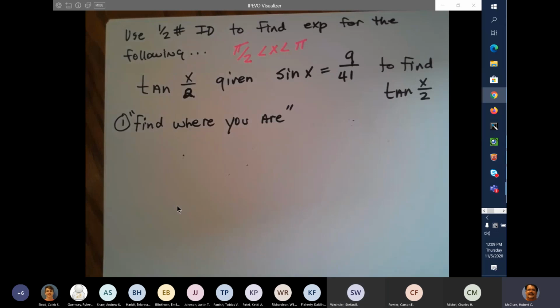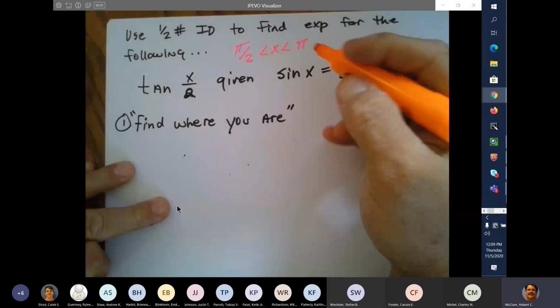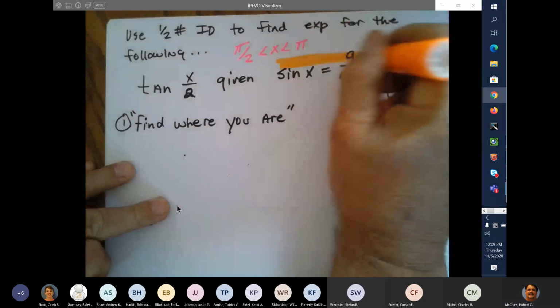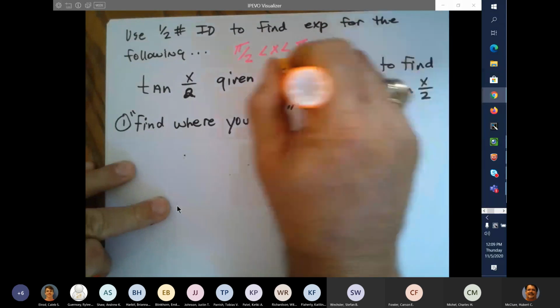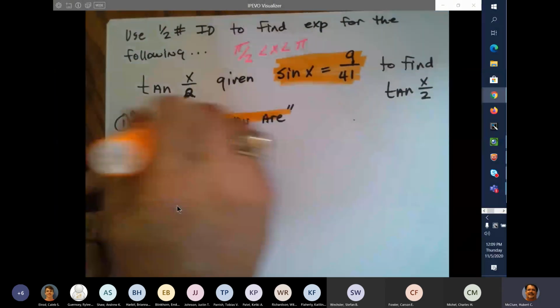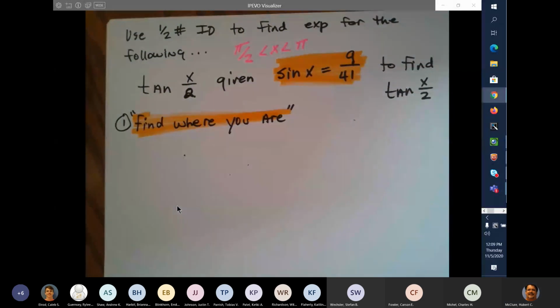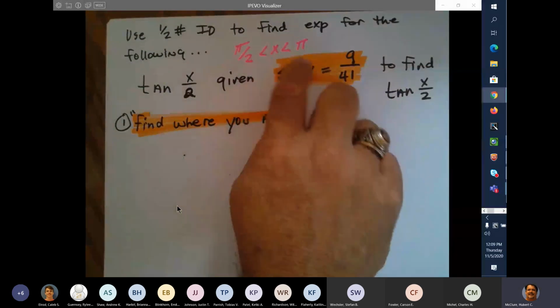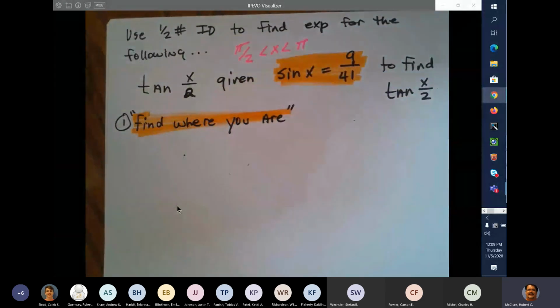So I'm going to highlight this right here in orange. And that tells you where you are, along with the pink up here.